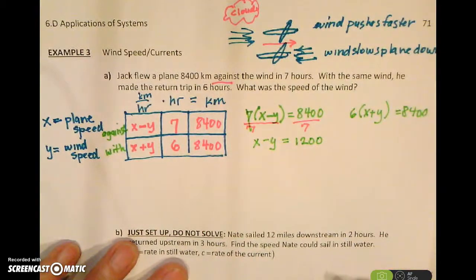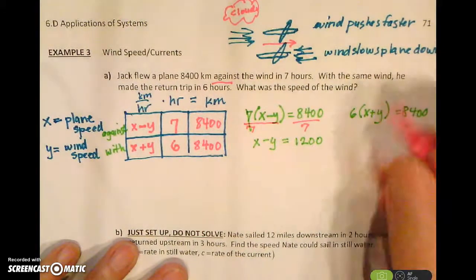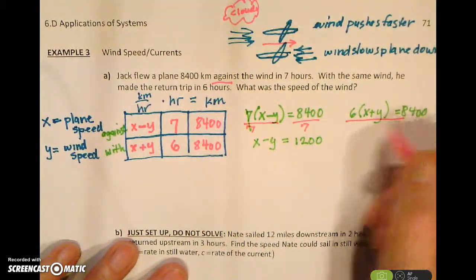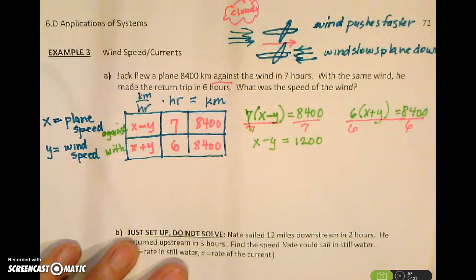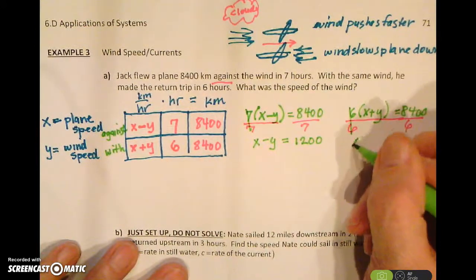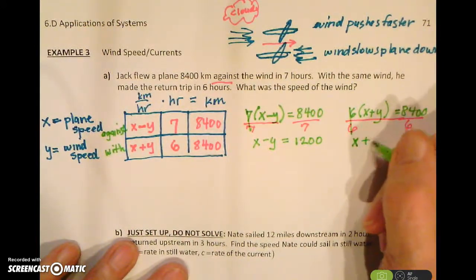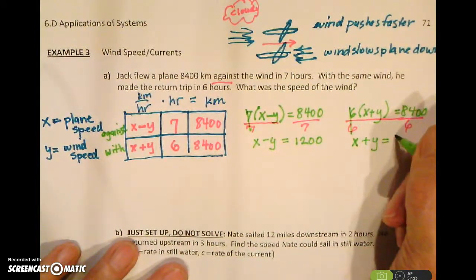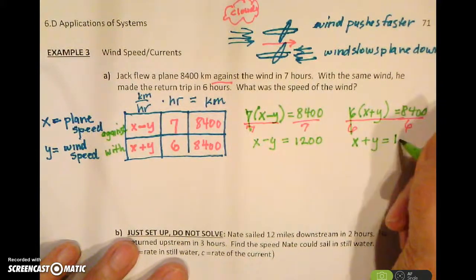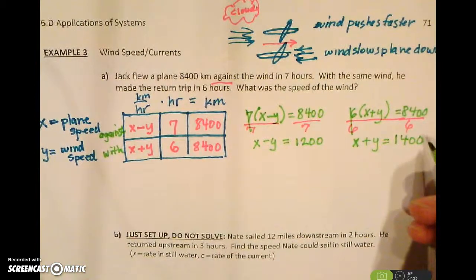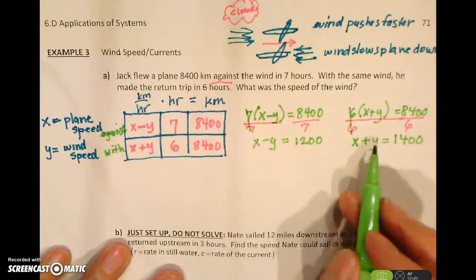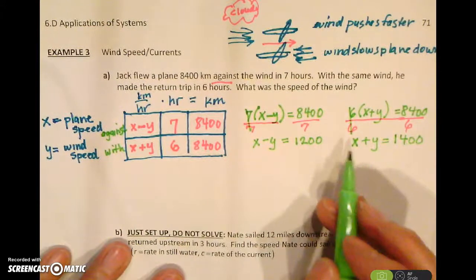For my second equation, I'm going to divide both sides by 6, and that will give me x plus y is equal to 1,400.